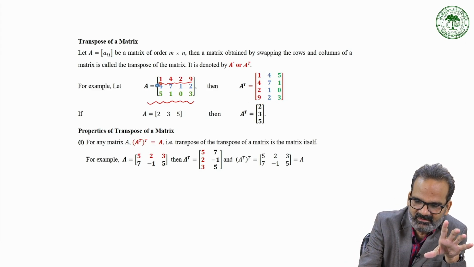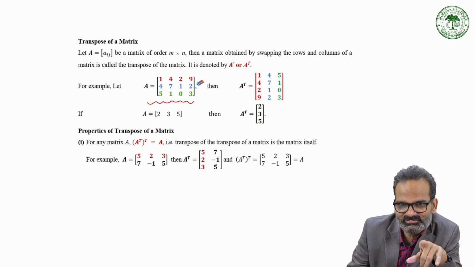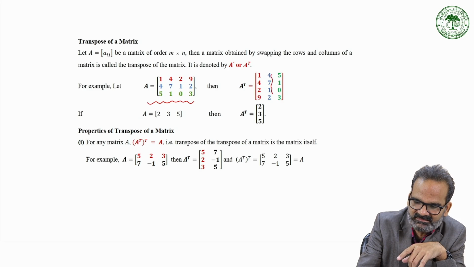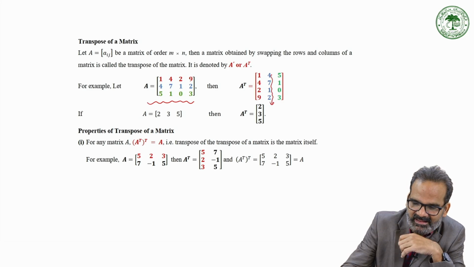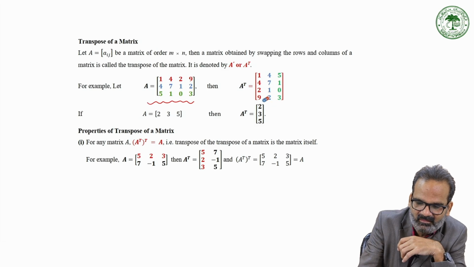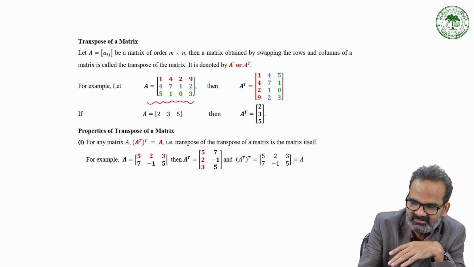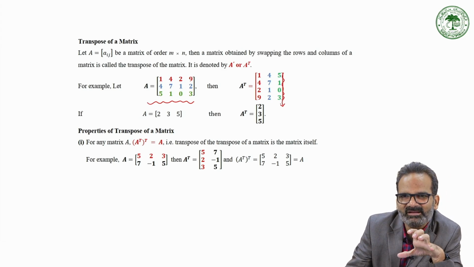Now the second row is of blue color. The second row should be interchanged with the second column. See this, right? Clear? Likewise, the third row is of green color. It has been interchanged with the third column, right?